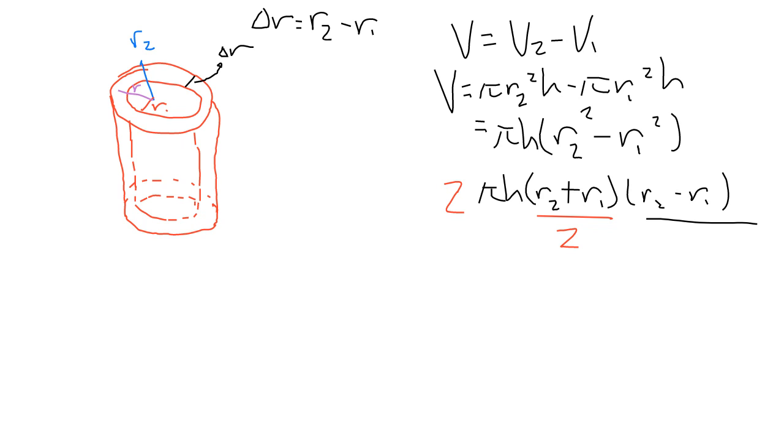We also had the idea of R as the average of those two radii, so R1 plus R2 over 2, which, now that we multiply by 2 over 2, we have right here. So what we can now say is that our volume is equal to 2 pi r h times delta r.